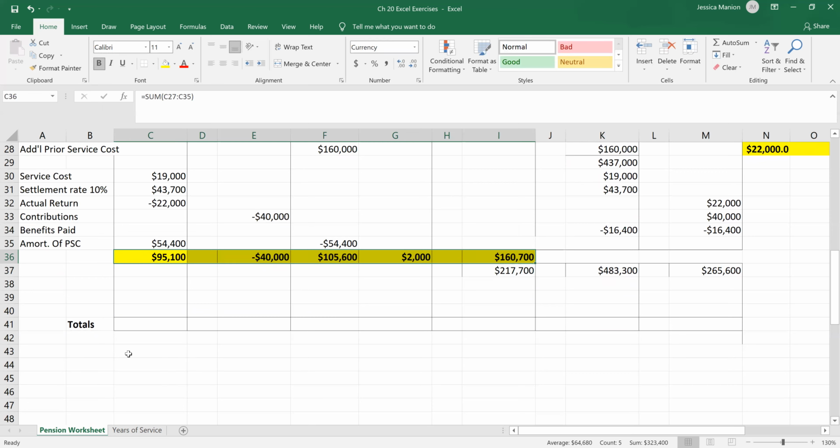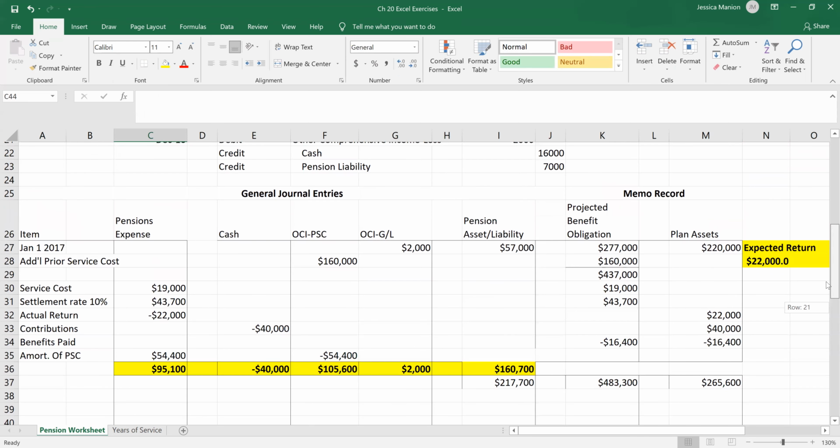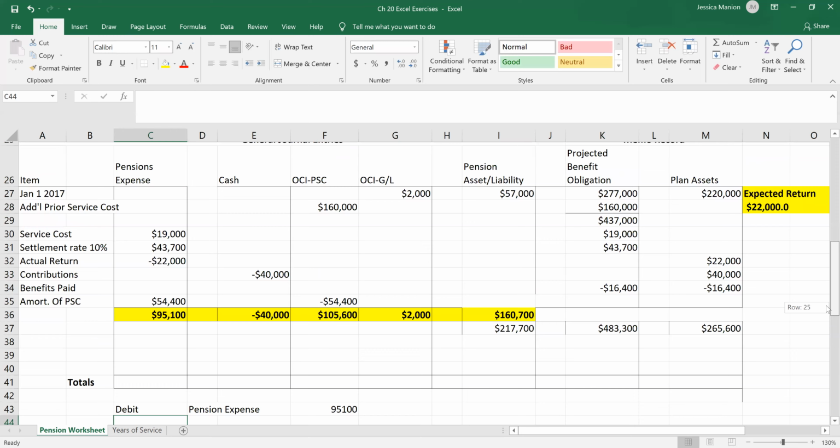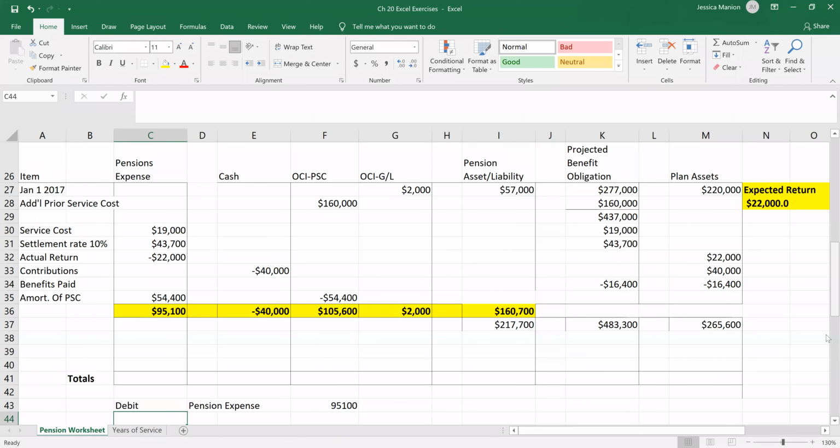Okay, so for our journal entry for this one, we are debiting pension expense 95,100. We know we got to credit cash. We are also decreasing, because what we had, so we need to debit other comprehensive income for the difference here.